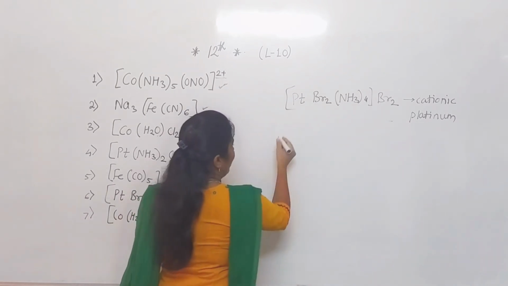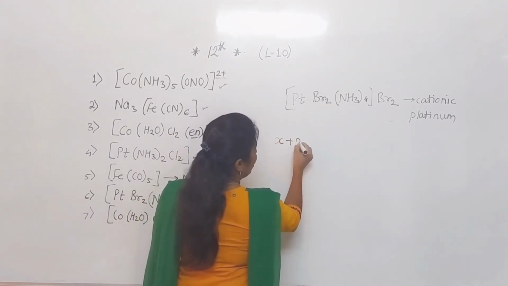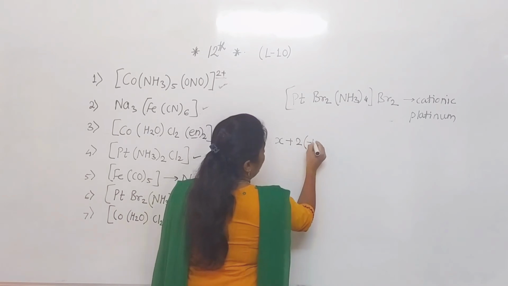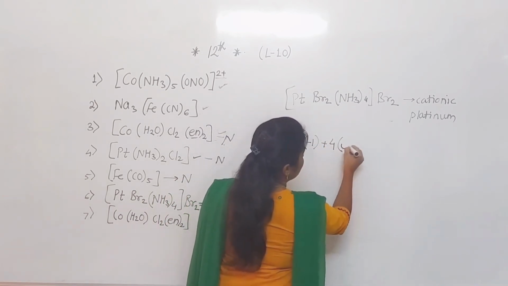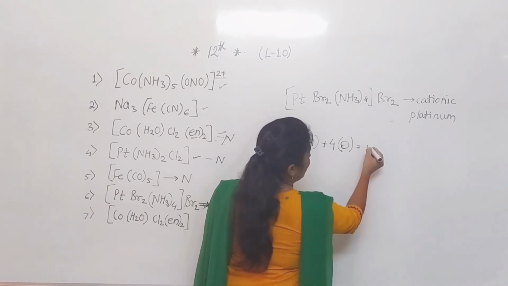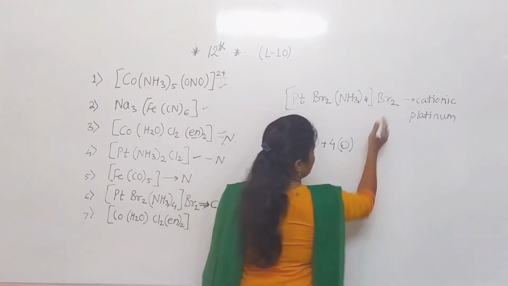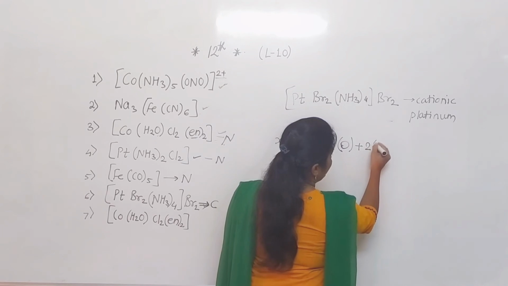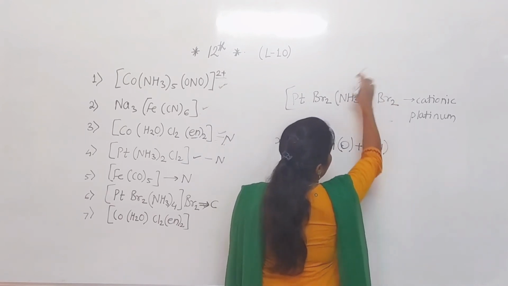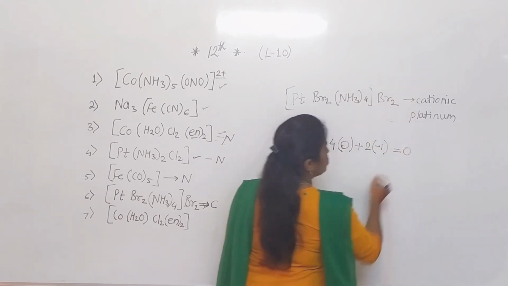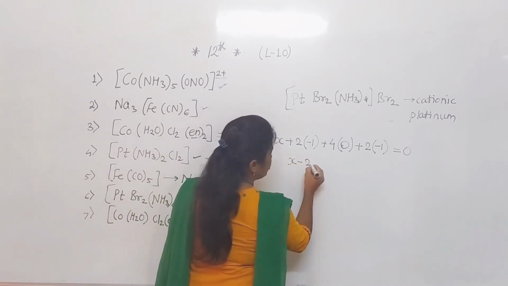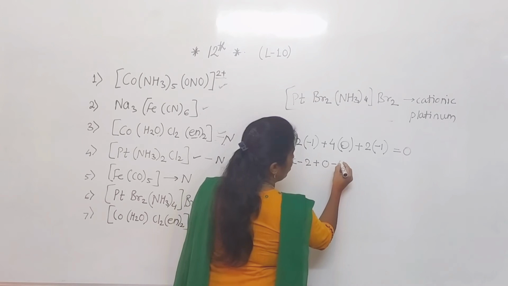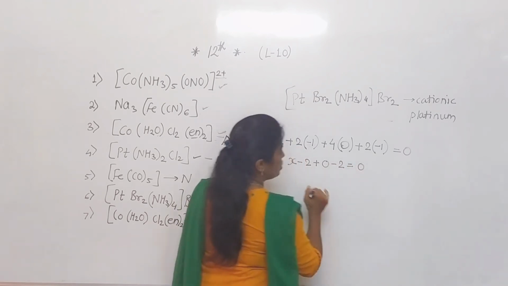For this one, platinum: X plus 4 NH3 are there, so 0, equal to... Br is there, means again plus 2 into minus 1, no charge, so equal to 0. Okay, now see, X minus 2 plus 0 minus 2 equal to 0.